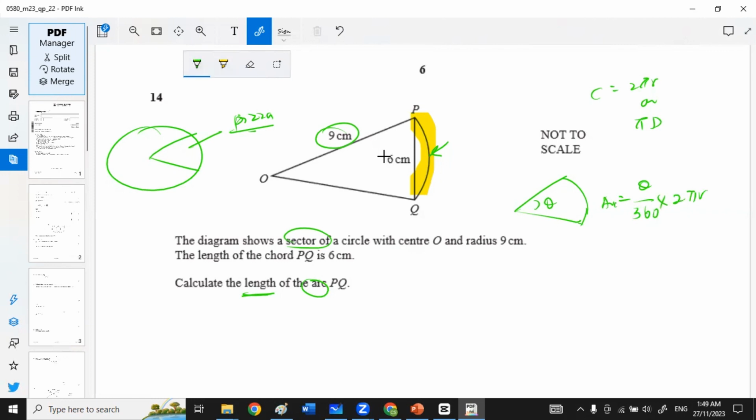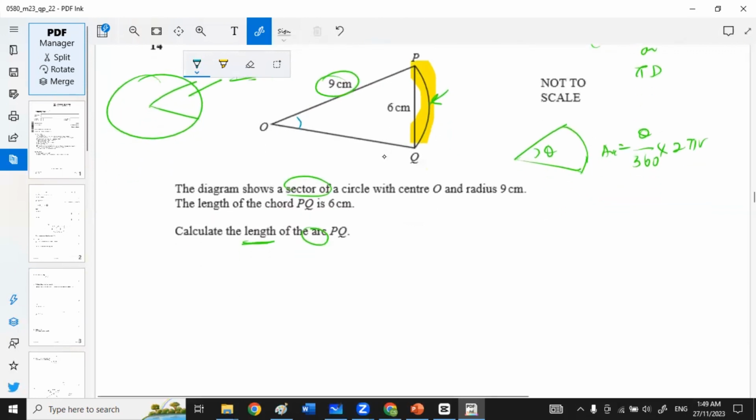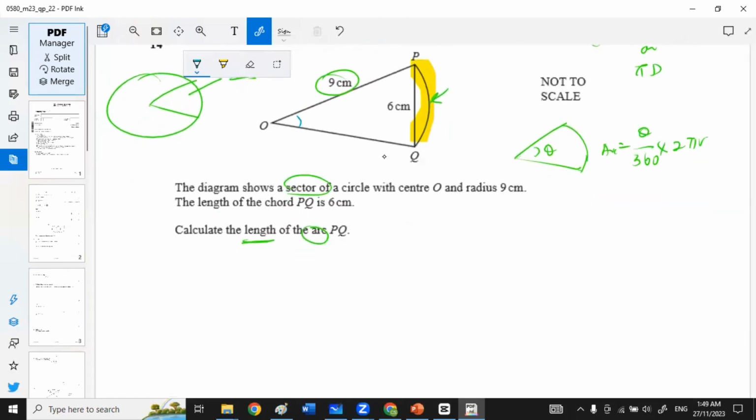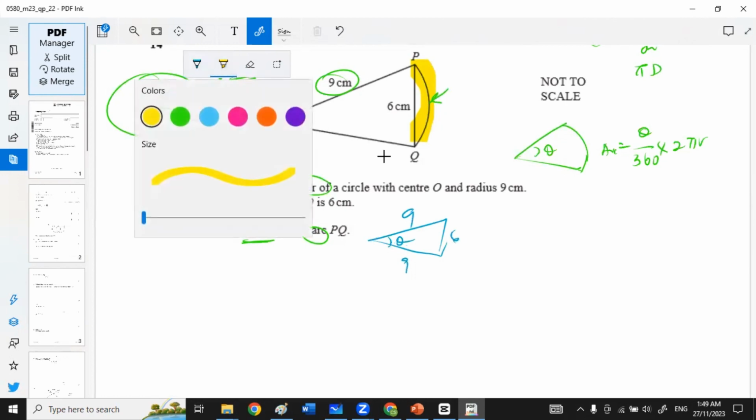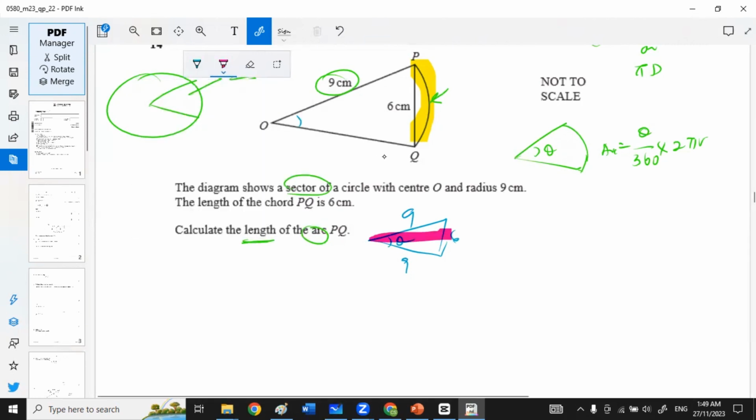You don't have the angle, but they do provide a triangle. This side is 9, this is 9, and this is 6. You want to find the angle, so you use the sine rule or cosine rule. In this case, we use the cosine rule, as it's one angle and two sides.